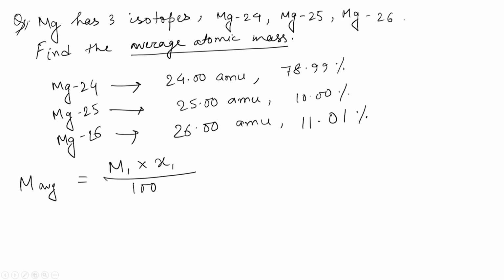So, there are 3 isotopes, so we will have 3 expressions, M1x1 by 100 plus M2x2 by 100 plus M3x3 by 100. Okay. So, let's put the values.